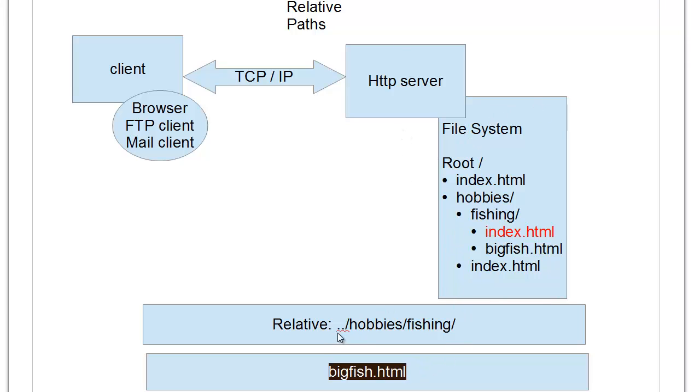So relative URLs allow you to navigate through the existing site, through the folder structure, or within the same folder, depending upon how you format that particular HTTP request.